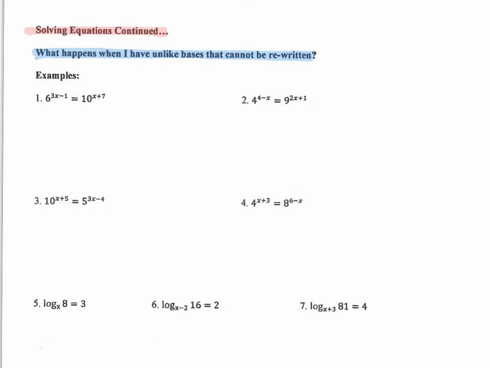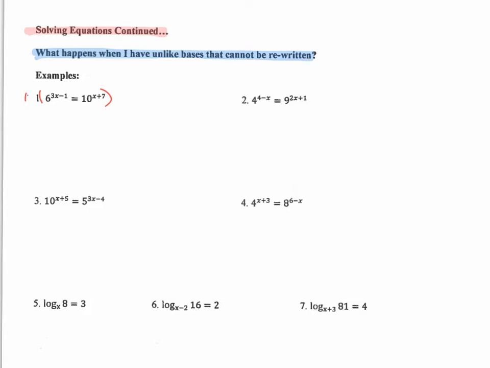So if I look at number 1, I notice that base 6 and base 10 cannot be rewritten to have a common base. So I'm just going to multiply both sides by any logarithmic function that I want. I can use the natural logarithmic function if I want, or I can use log of any base. Because the famous log base is 10, I'm just going to take log on both sides.